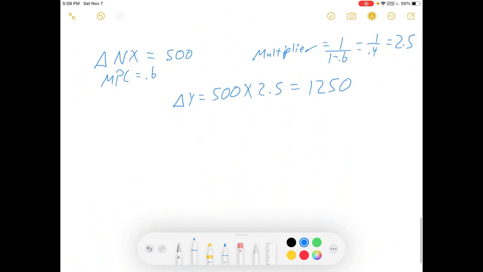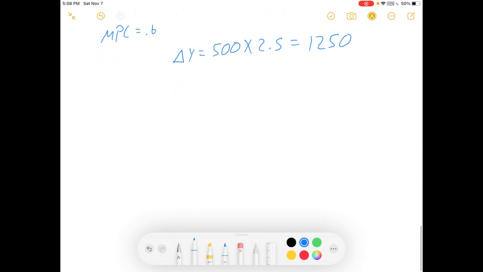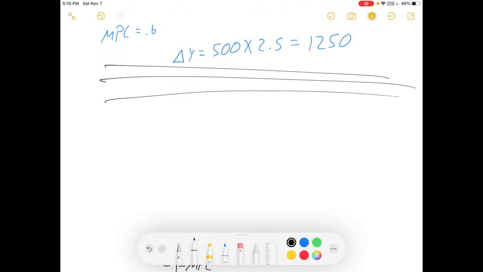Now, if you don't have to do much math in class, this might be as far as you need to go. But if you're interested, here's just a little bit more math to go with it. I'm not going to go crazy, but I do want to show more. Let's say our aggregate expenditure line looks like this.